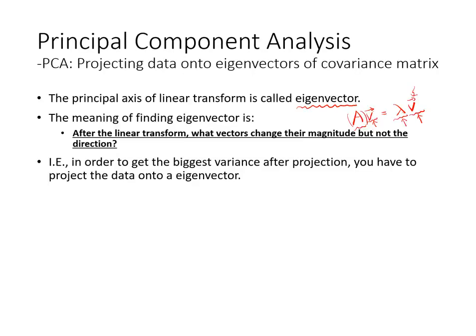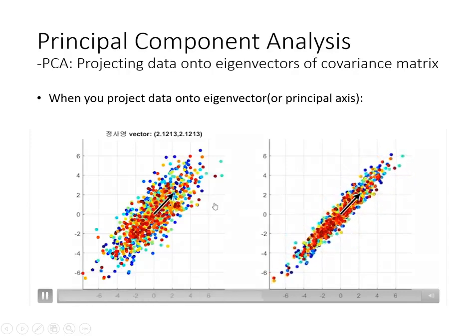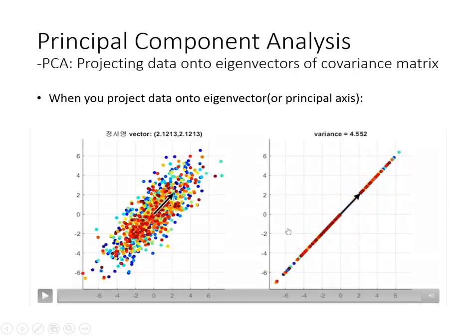In order to get the biggest variance after projection, you have to project the data onto an eigenvector. You can see here that this is the eigenvector of the linear transform, the covariance matrix, and after the projection, it gives you the biggest variance.